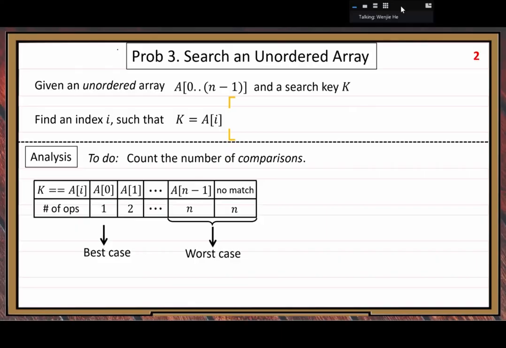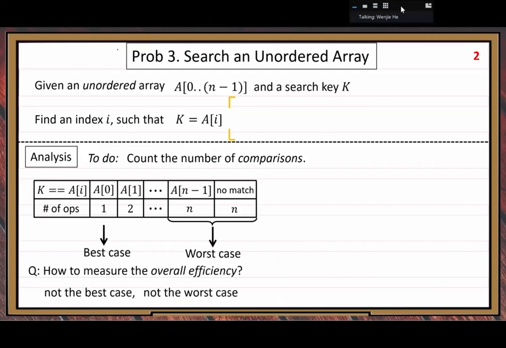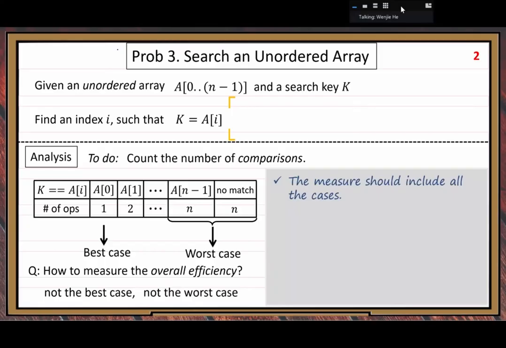So we need to learn that concept. The most important concept of this part C is this one. That is not the best case, not the worst case. Because to give the overall efficiency description, your measure should cover all the cases here.